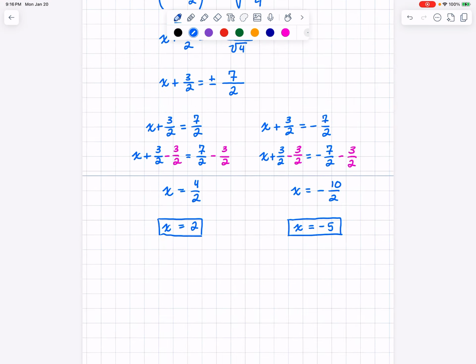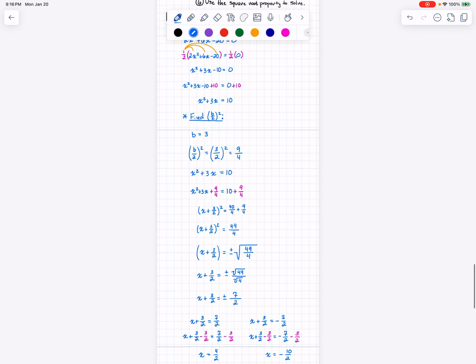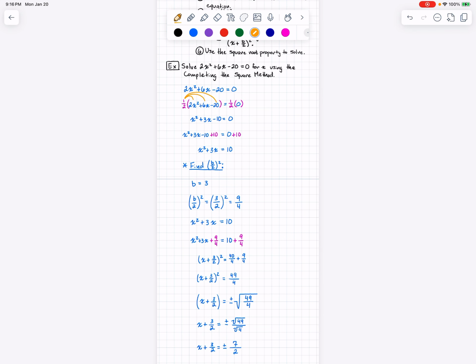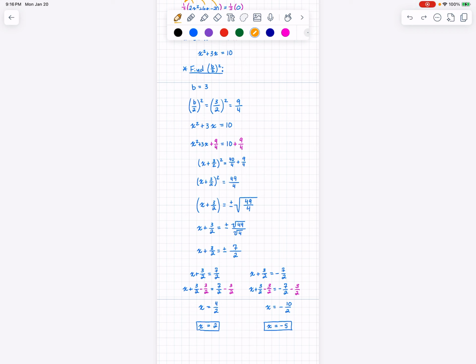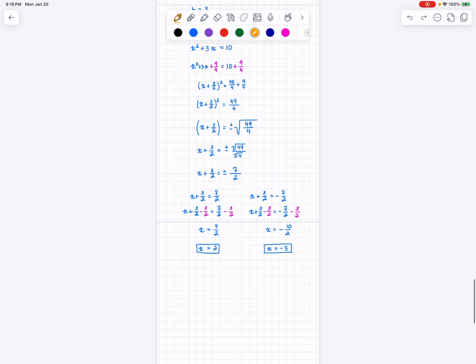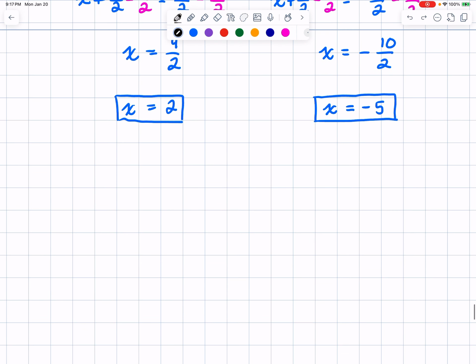And again, you're going to want to make sure you know how to use this method for an exam. Probably the most important part is remembering that you need to find b over 2 squared to know what to add to both sides. And you're going to also want to know that it will factor into x plus b over 2. All right. So that is completing the square.